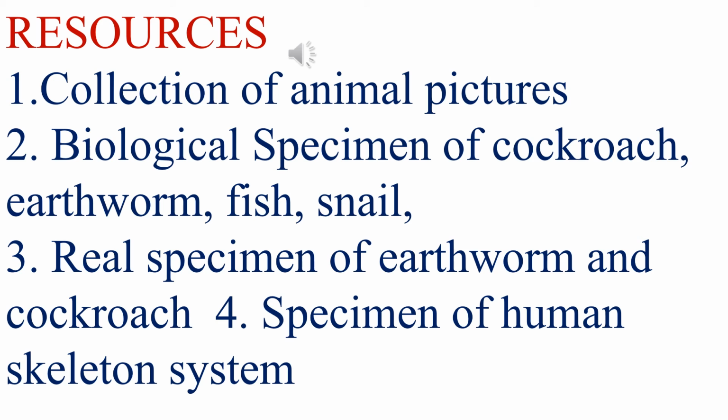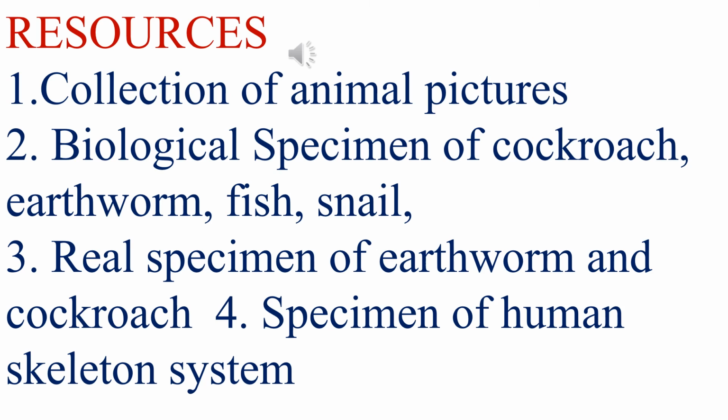So, resources. The first one is a collection of animal pictures. We can tell the child to collect different animal pictures and their movements and stick them in their notebook. This is one way of visual aid so that the child may understand better about the animals and their movements. The second thing I have given here is biological specimens of cockroach, earthworm, fish and snail. We can make use of these from the biological lab of the school.